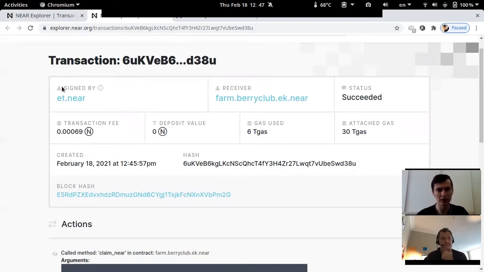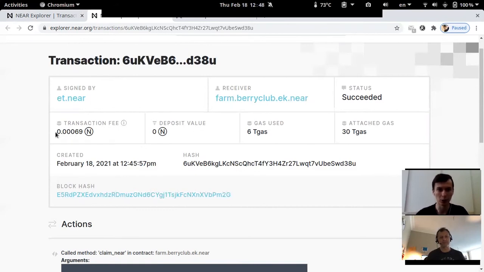But the core thing about the transaction is that every transaction has a signer account ID and a receiver account ID. We estimate its status. It's a bit of a different topic, and let's not focus on it right now.